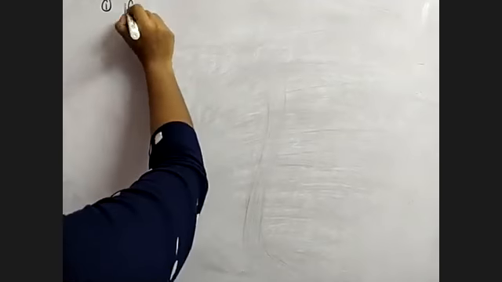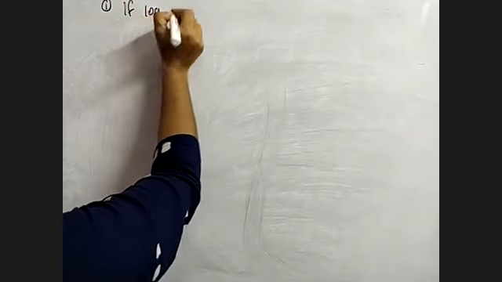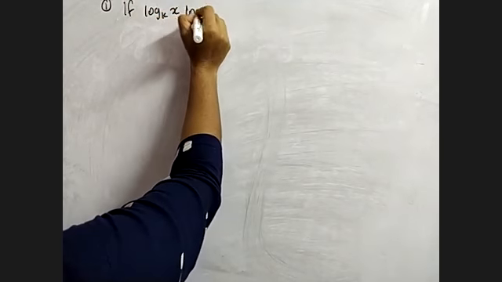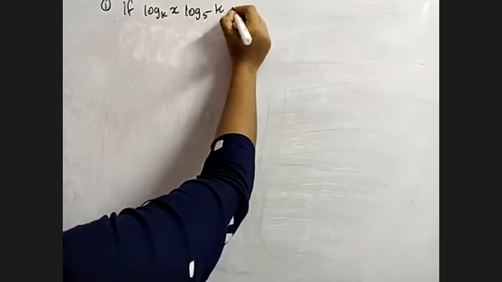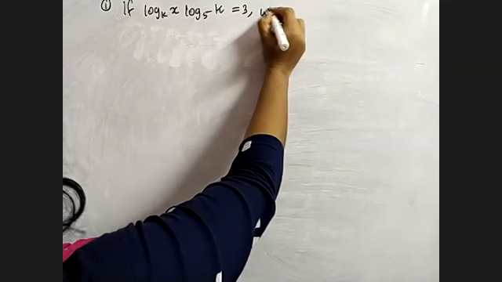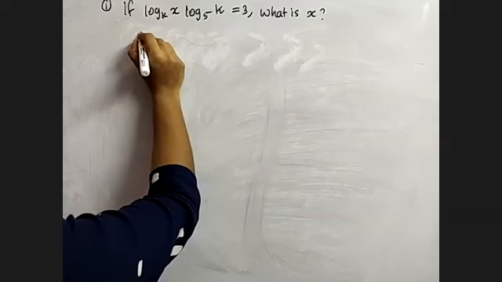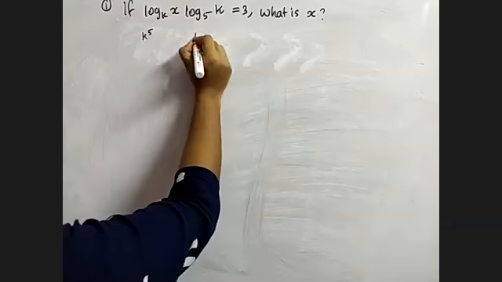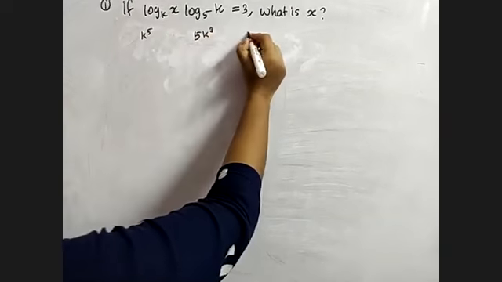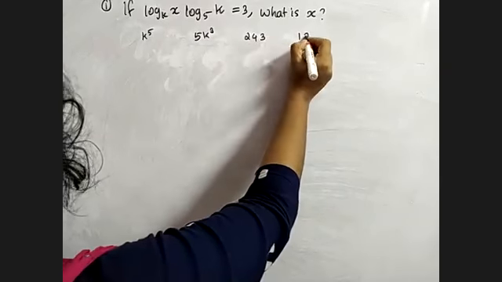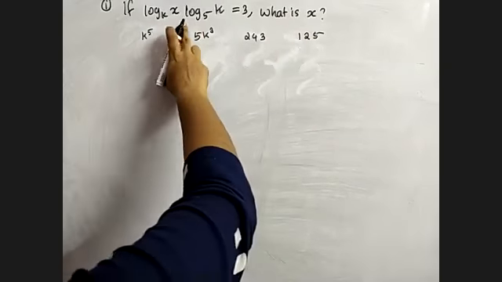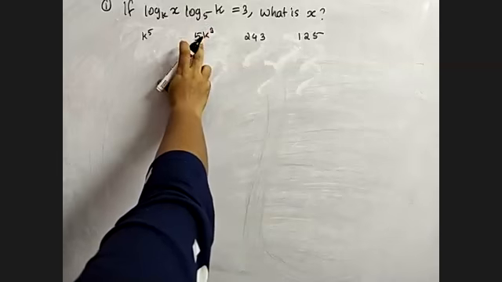First question. If log kx log 5 is equal to 3, what is x? Options: k raised to 5, 5 k raised to 3, 243, 125. Log kx log 5k is equal to 3, what is x?